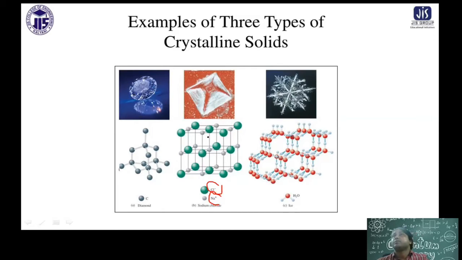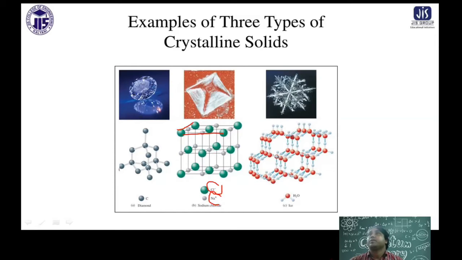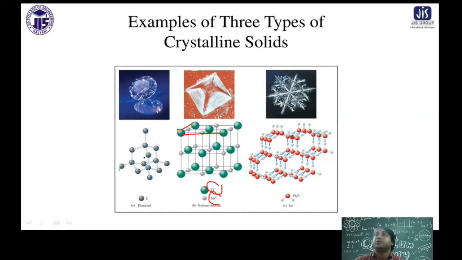So this is the way they are placed. You can see green is repeated after a definite gap. Here also, green is repeated after a definite gap. They are arranged in a definite periodic way, as you can see there, making the structure of sodium chloride.